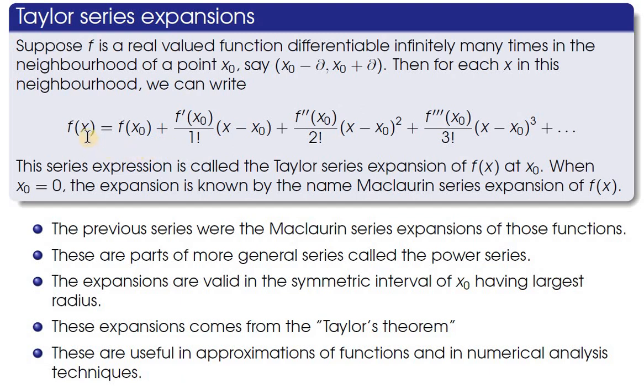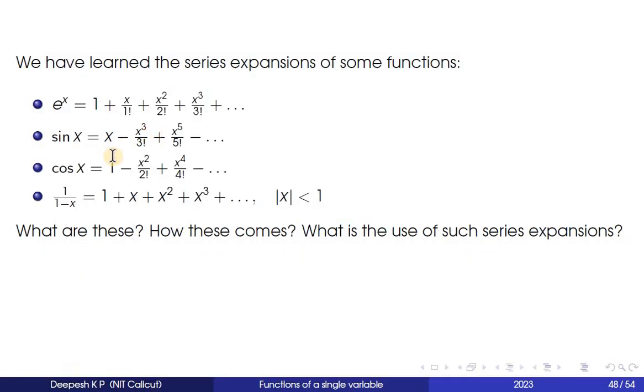So this kind of an expansion is called the Taylor series expansion of this function f of x about the point x naught. The only condition is that f should be differentiable in a neighborhood of x naught of radius say delta. Then this expansion is valid for all those x inside this neighborhood. For example, for the geometric series, if you consider the value x equal to 2, then the left side becomes 1 by 1 minus 2, which is a negative number, whereas the right side becomes 1 plus 2 plus 2 square plus etc., which is positive infinity.